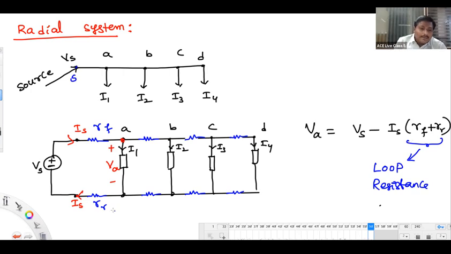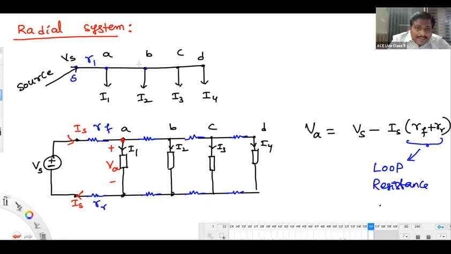So simply what I will try to tell here is, SA section loop resistance is R1. Then what is VA? VS minus IS into R1. R1 is the loop resistance we have already written.